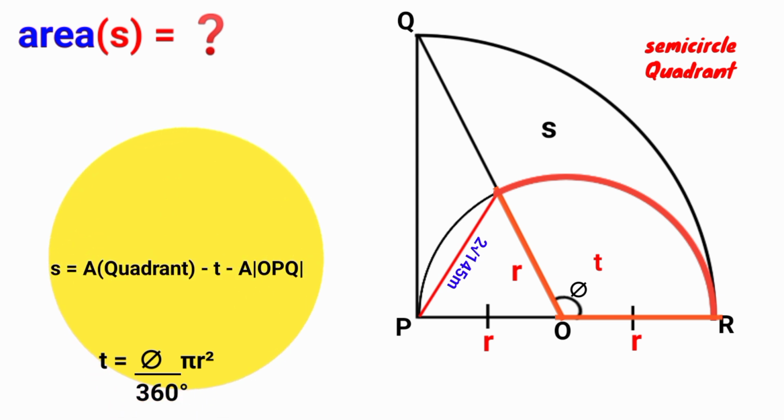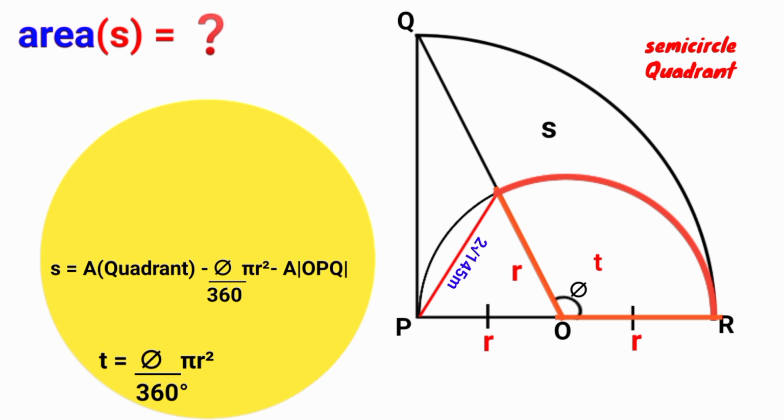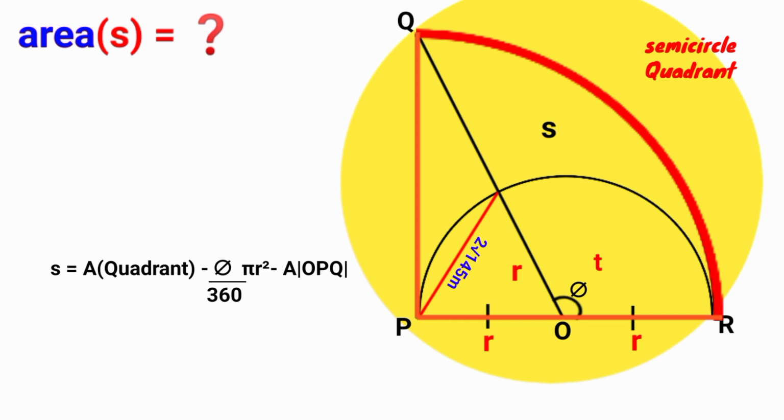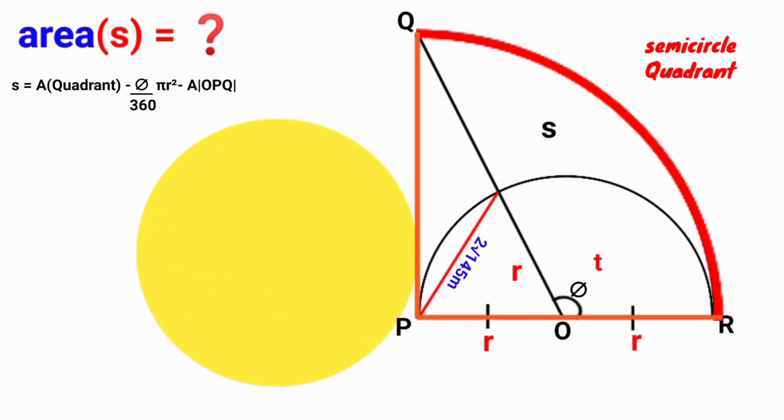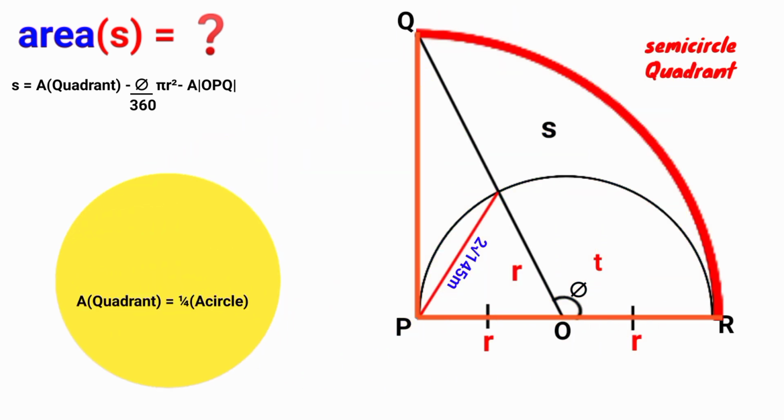We substitute it here. Now S equal to area of quadrant minus theta over 360 pi r squared minus area of triangle OPQ. For area of this quadrant now, a quadrant is 1/4 of a circle. So area of quadrant equal to 1/4 area of a circle.